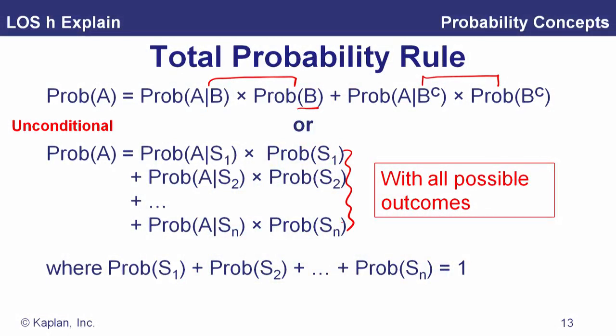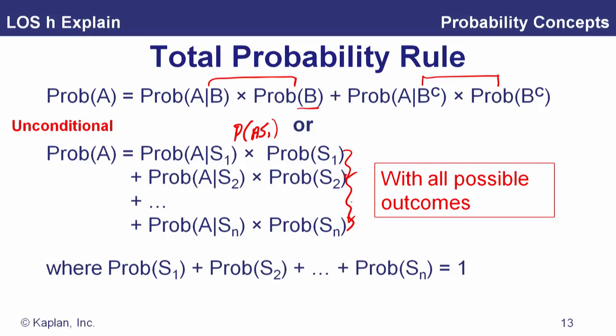So this first one is going to give us the probability of A and S1, that joint probability. And so we get the joint probability from each of these, and we've got the probability of A given S1, probability of A given S2. We get the joint probabilities.